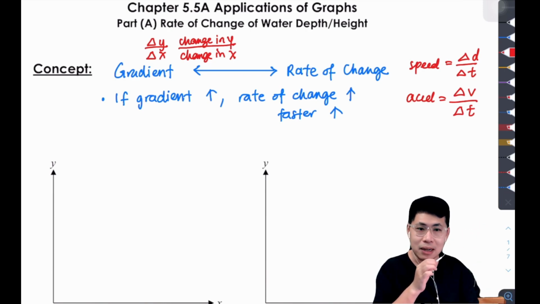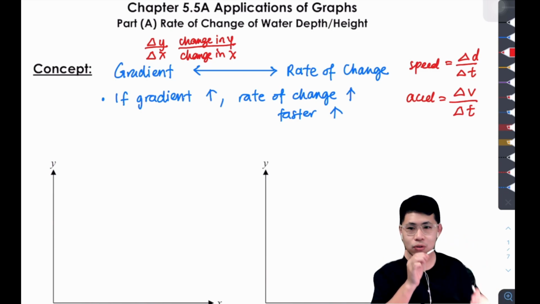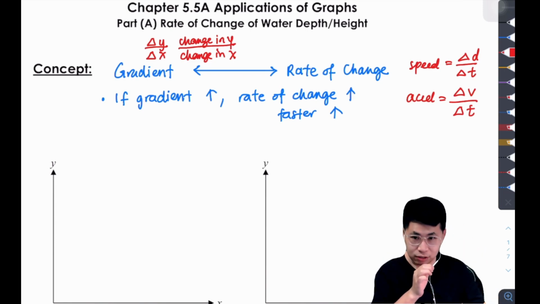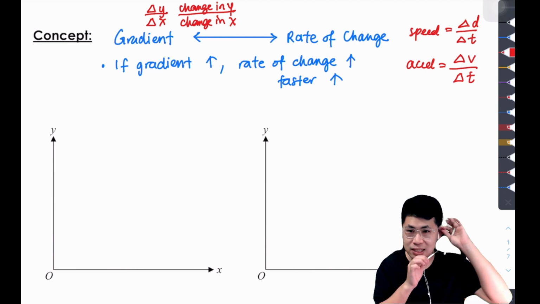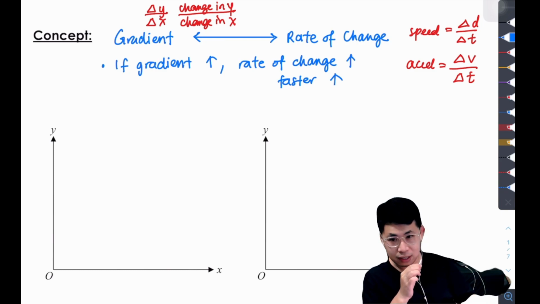So these are some examples of gradient being rates of change. Today we're going to look at rates of change in general first, before we move on to 5.5B and 5.5C, where we talk about the distance time graph and the speed time graph specifically.